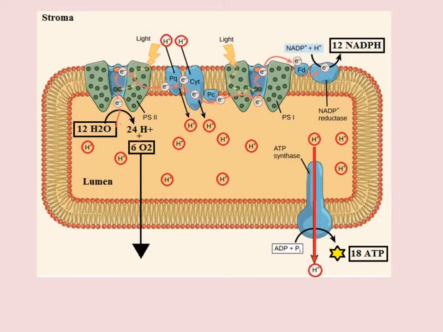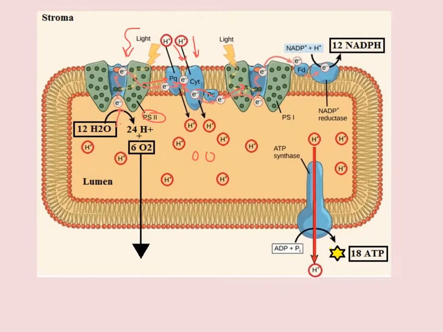All right, so here it is once again. Water donates 2 electrons into photosystem 2. Those electrons are energized by sunlight. They're passed down the electron transport chain through plastoquinone and plastocyanin. When it reaches cytochrome, that energy is used to pump 2 hydrogen ions inside the thylakoid. The electron is now passed down to plastocyanin and then to photosystem 1.